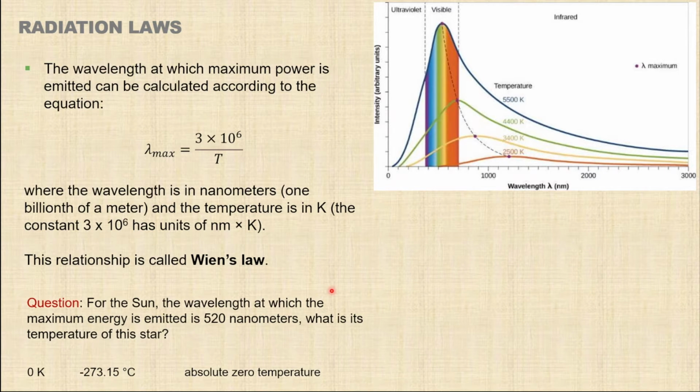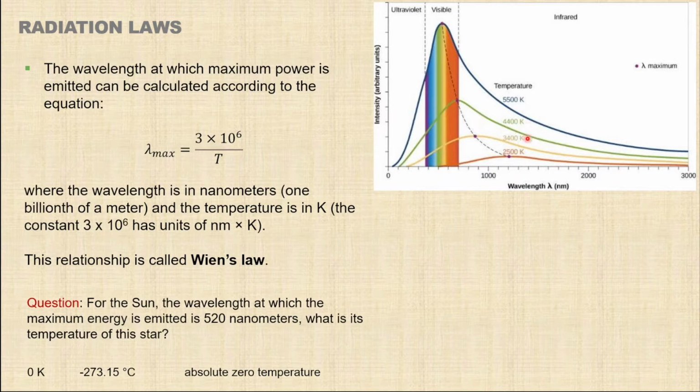And Wien, based on that statement, put out a theory about the wavelength at which maximum power is emitted. So this is the wavelength range where the maximum power is emitted, and for that temperature, the maximum power is generated at about 700 nanometers.